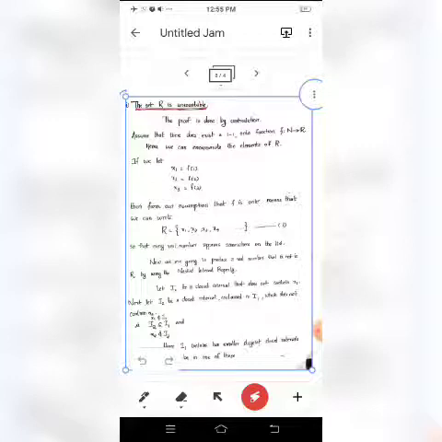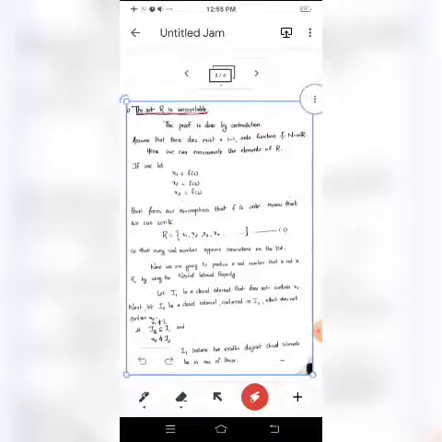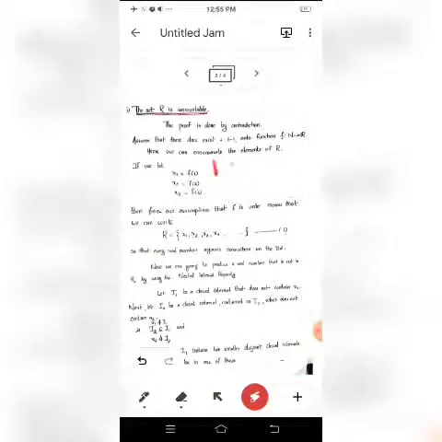Hence we can enumerate the elements of R. The first element in the natural numbers is 1, the second is 2, the third is 3, etc. So 1 has an image, f of 1, which we take as x1.